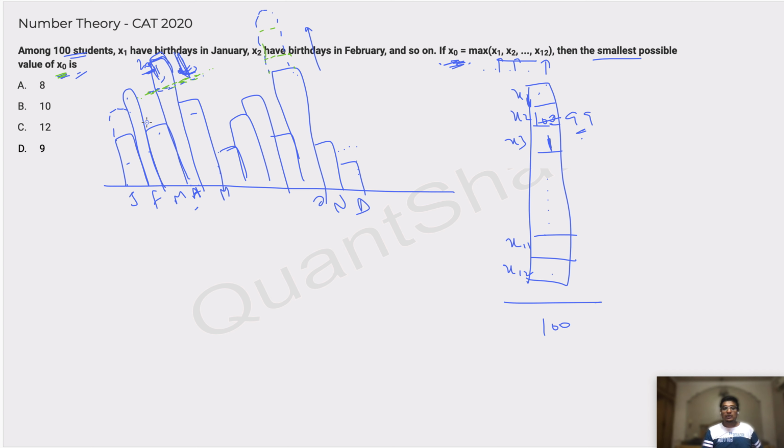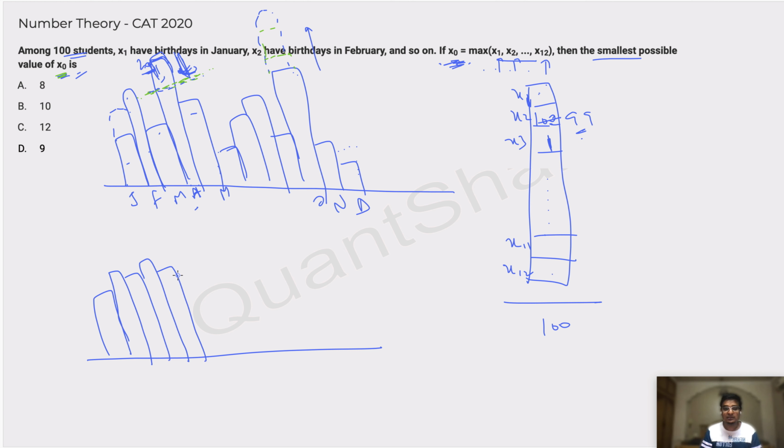So ultimately, all values will come nearly the same. The final graph will look like this: January here, February here, March, April, May, something like this, so that the values are nearly similar. That will be the best optimal point.